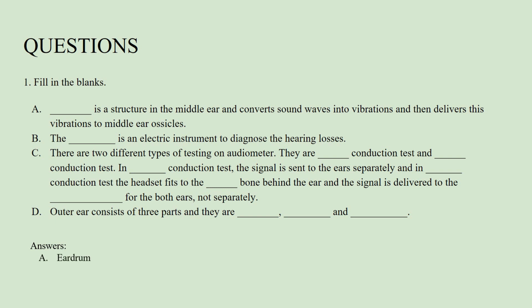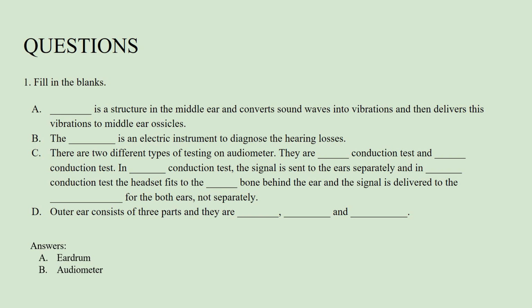The audiometer is an electronic instrument to diagnose hearing losses. There are two different types of testing on the audiometer. They are the air conduction test and the bone conduction test.